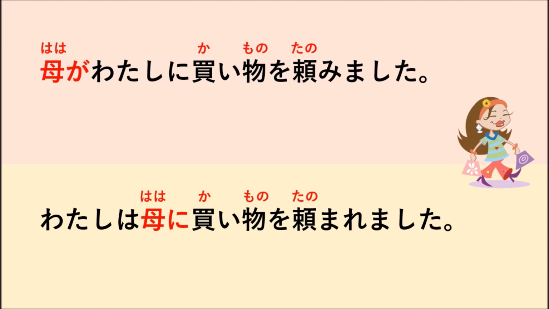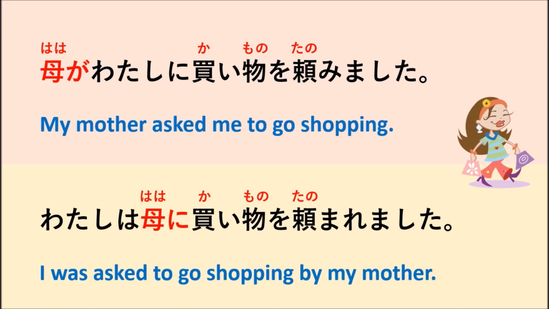The first sentence is in the active form, and the second sentence is in the passive form. We can translate them: the first sentence is my mother asked me to go shopping, but the second sentence is I was asked to go shopping by my mother.